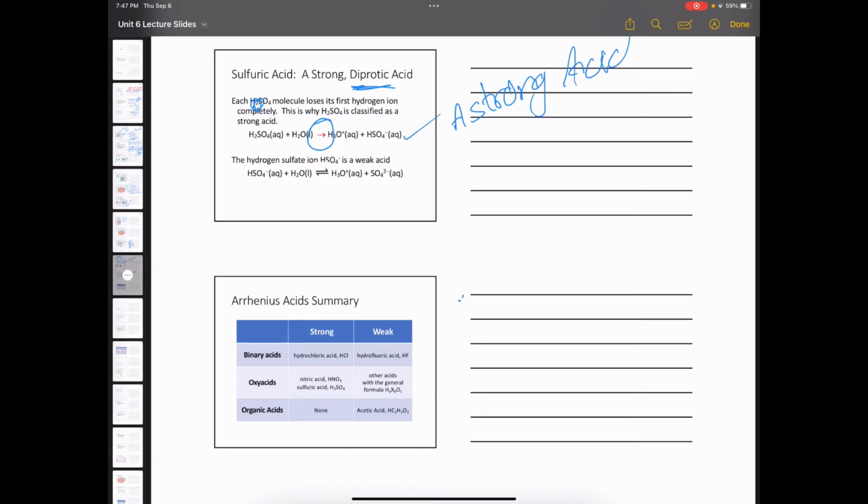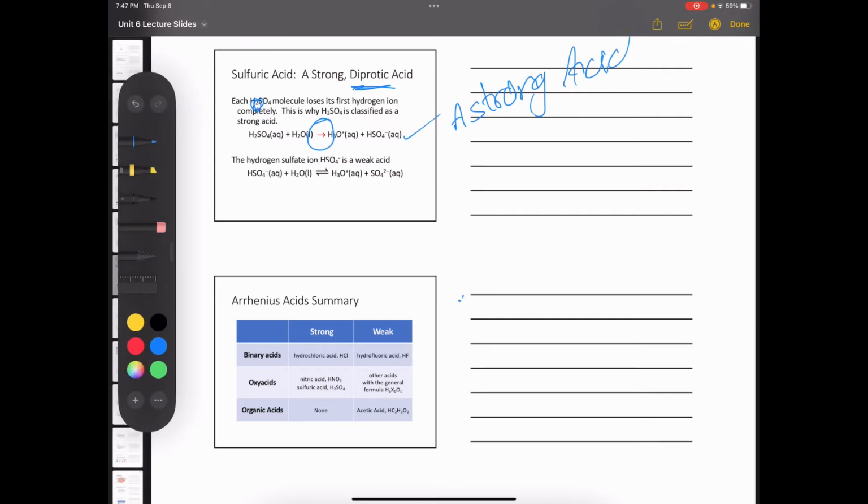On the other hand, the second proton that comes out from the HSO4 negative, the second deprotonation reaction, this proton dissociation will be considered a weak acid.